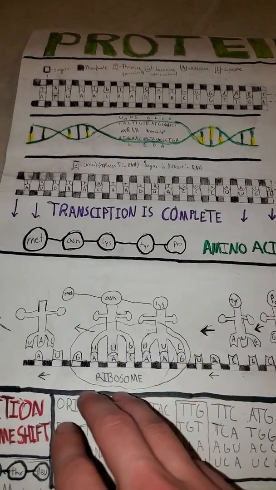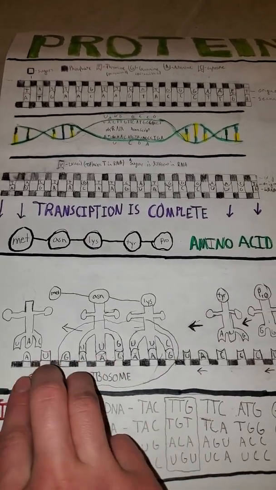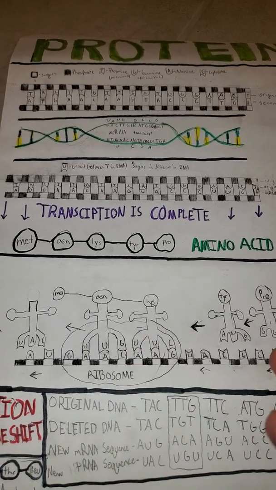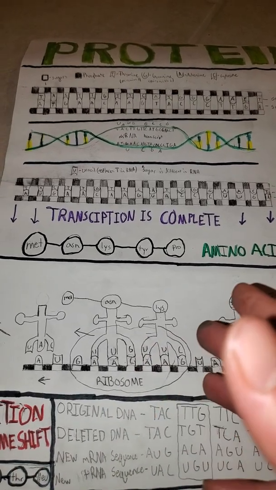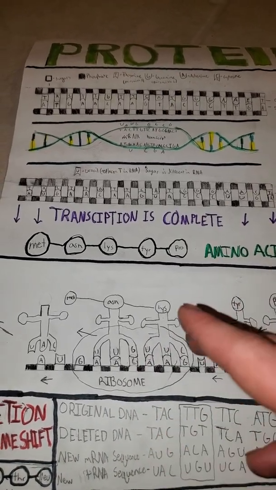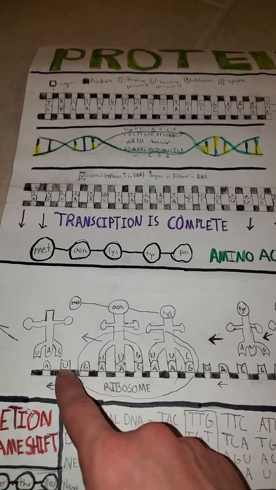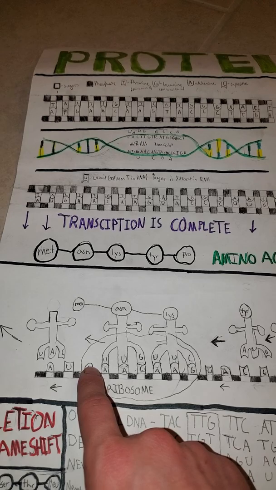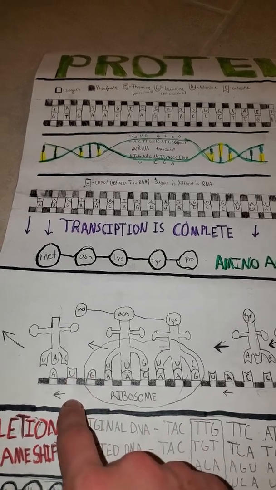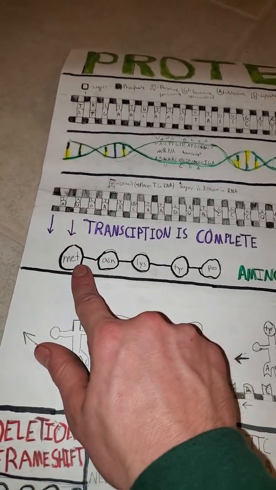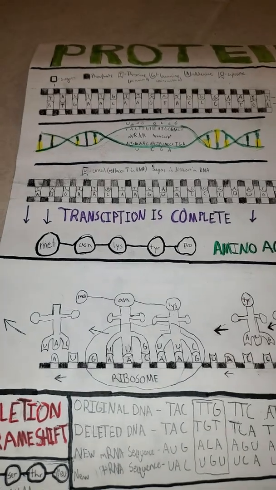Now, mRNA always has groups of 3: AUG, AAC, AAG, and those are called codons. Three nitrogen bases make 1 codon, and 1 codon programs for one amino acid or a stop.